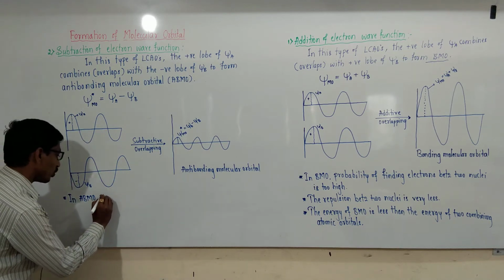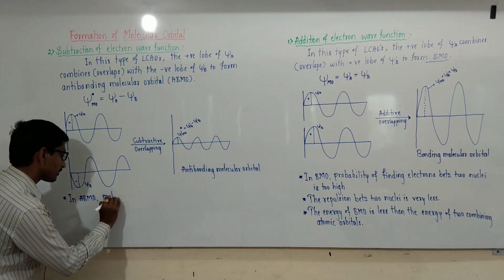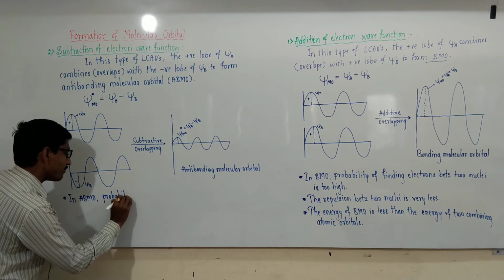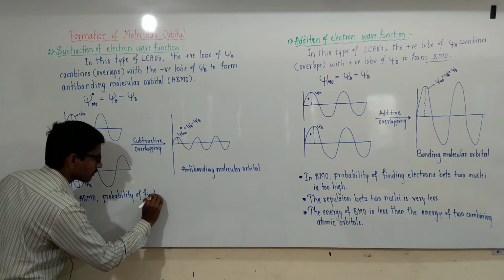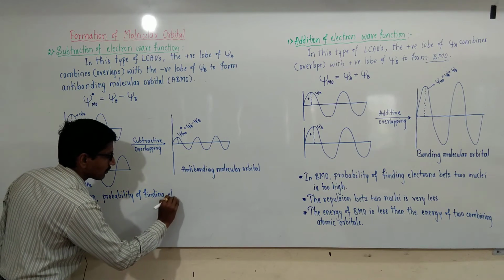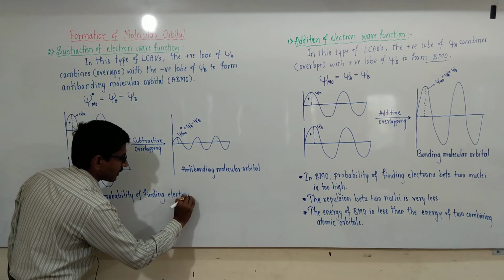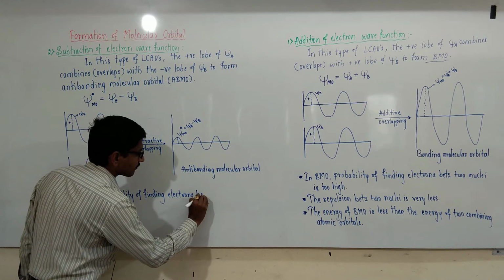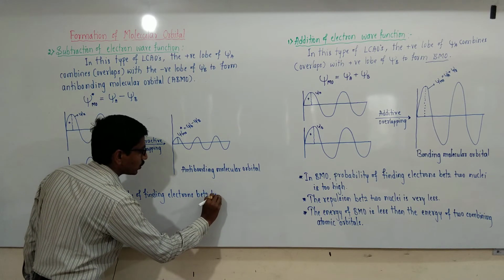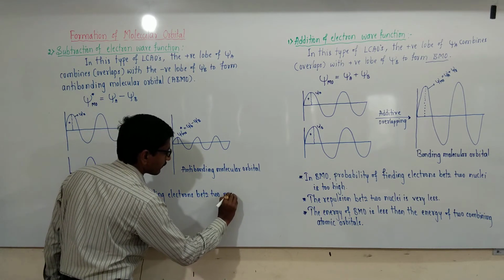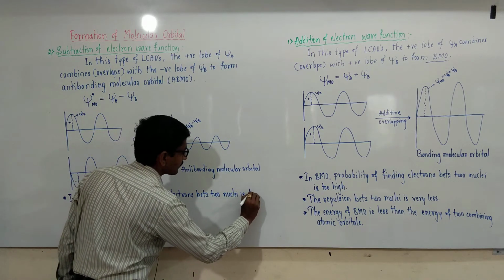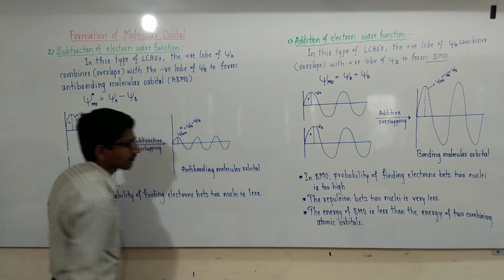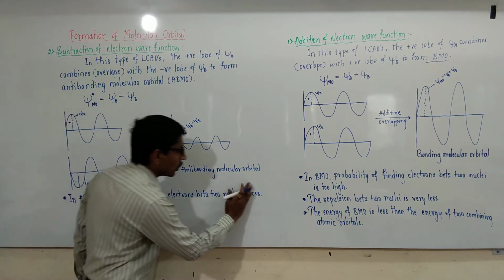In anti-bonding molecular orbital, the probability of finding electrons between two nuclei is less or low.